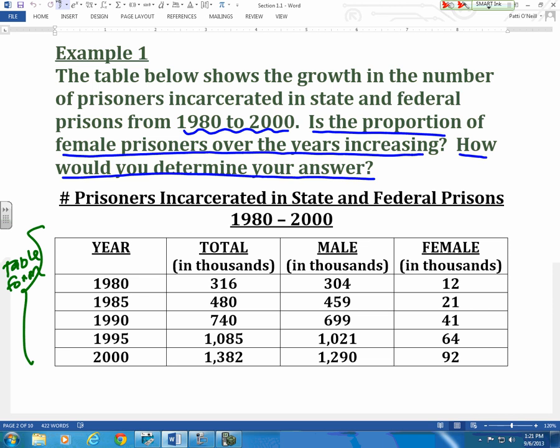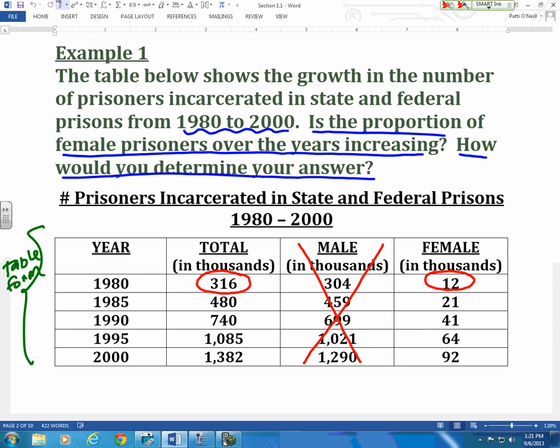So hopefully you either paused the video or you took a little time to think as I paused briefly there. But if we want to figure out if the percentage or the proportion of female prisoners over the years is increasing, we really don't need the column of the male prisoners. We're really looking at the number of female prisoners in any given year compared to the total.